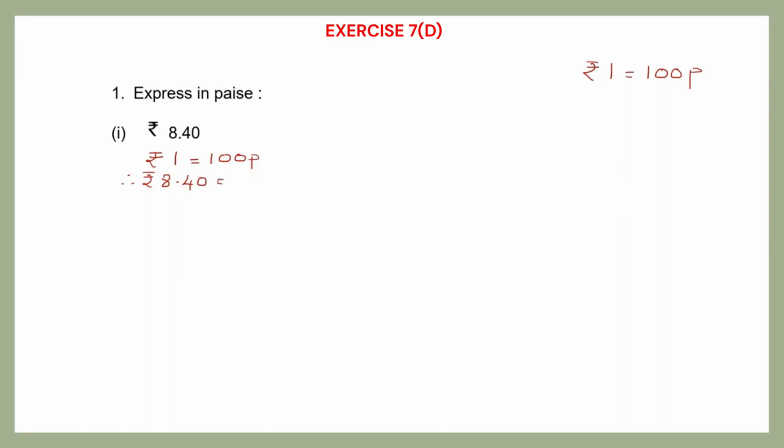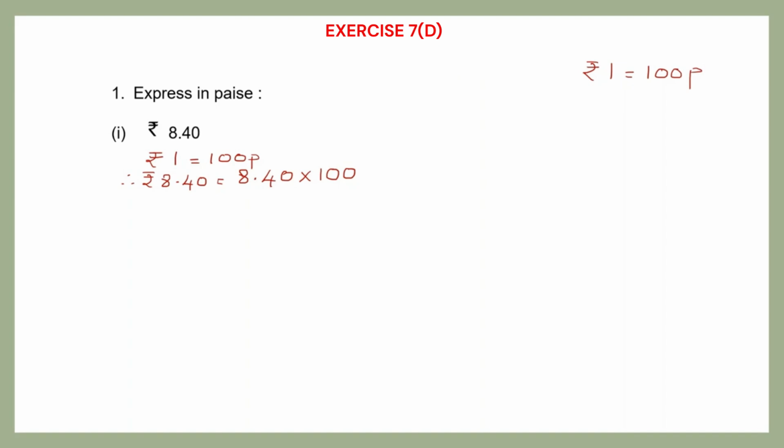So the first thing you need to do is write the question without the unit, and when you convert rupees to paise, keep this in mind, you multiply by 100. Why do we multiply by 100? Because 1 rupee has 100 paise.